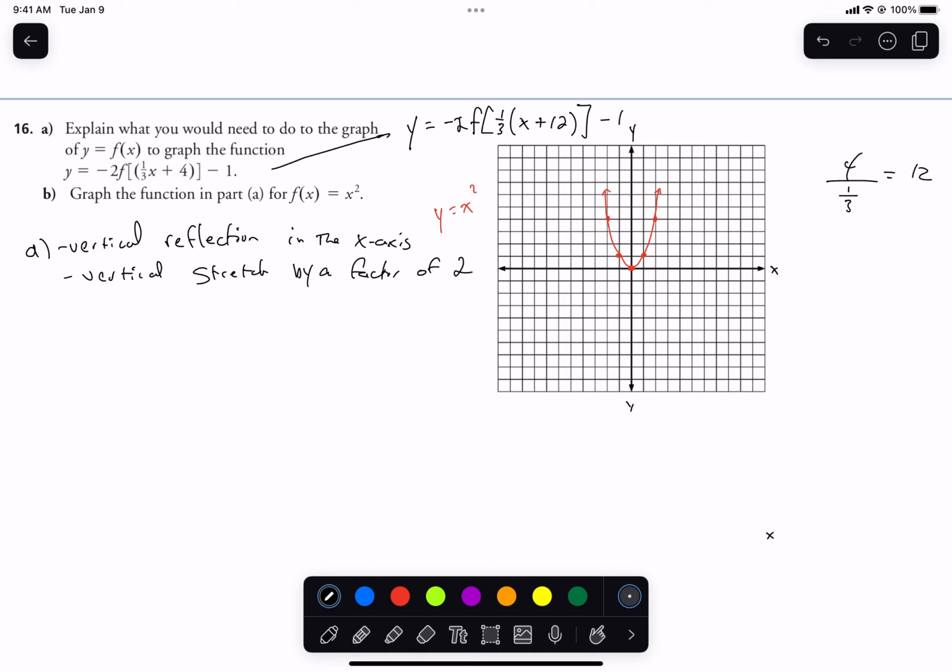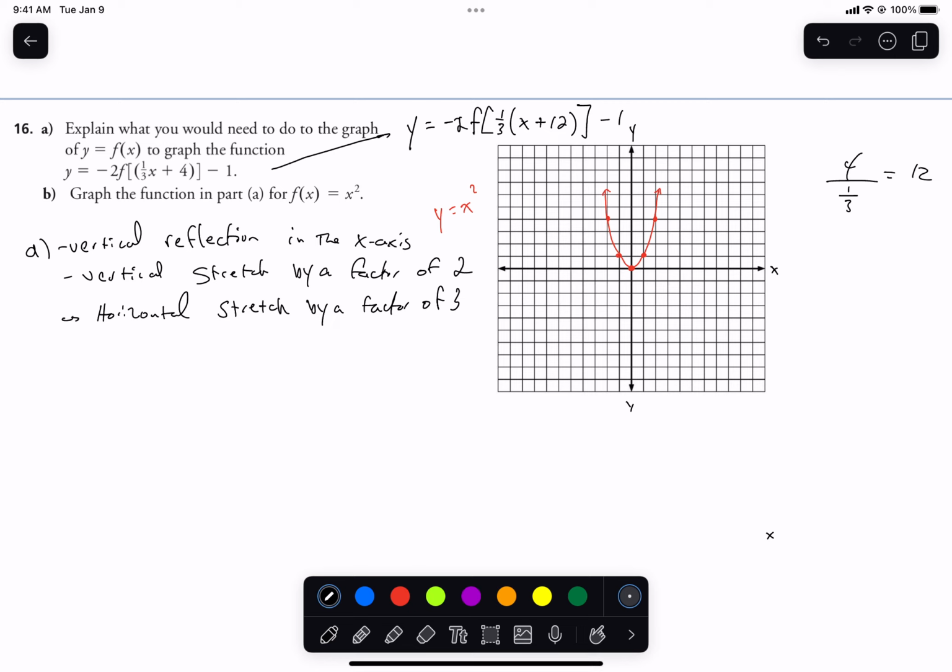Now the next thing I see is a horizontal stretch. Remember, it's 1/3, and we do the opposite because it's on the inside. Oh boy, this is really not going to fit on our grid. Stretch is a bad question on the textbook's part. It's a horizontal stretch by a factor of 3.